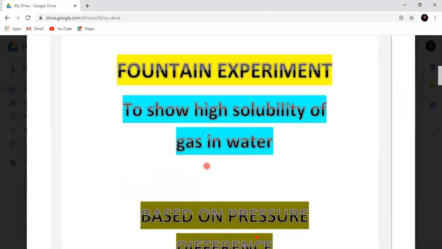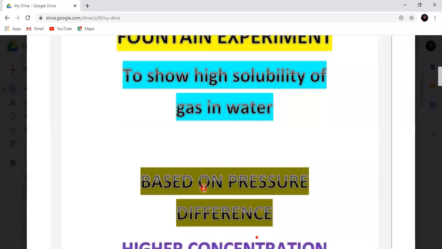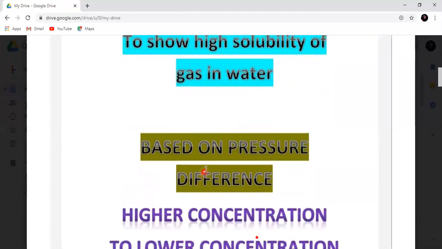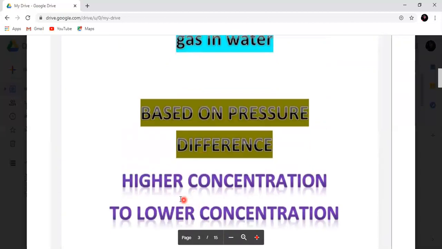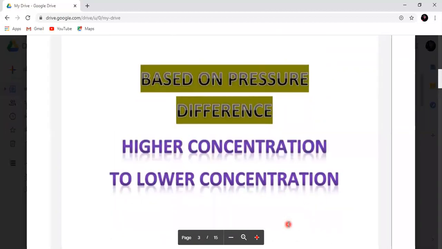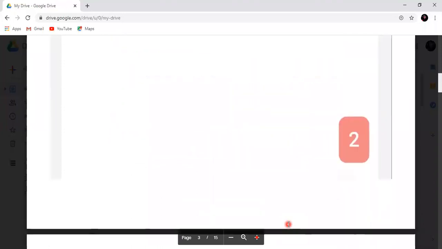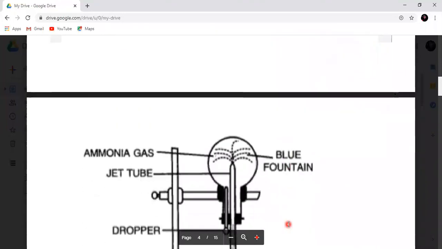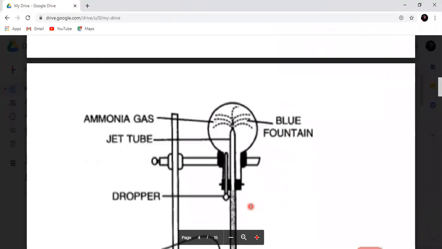This experiment is based on the pressure difference. Due to that pressure difference, the movement occurs from the higher pressure to the lower pressure, and we observe the different results. Always remember, the fountain experiment principle is based on the pressure difference.